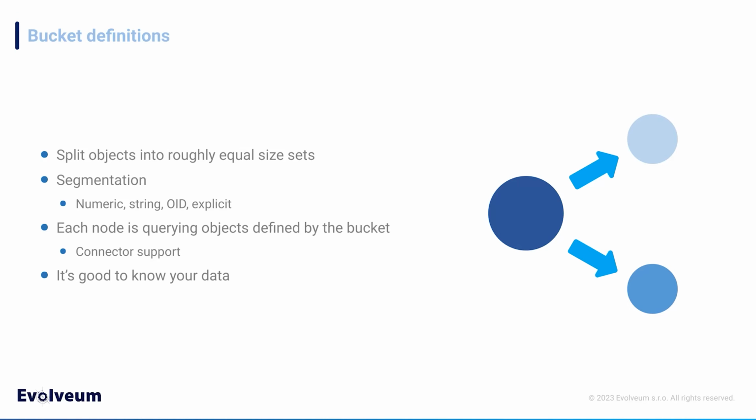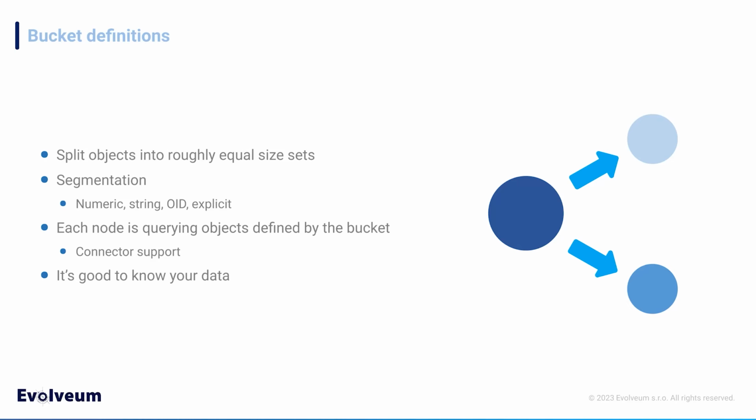And so on. You might use strings, but for example, if you are using something like OIDs, A to F is a good prefix for creating a bucket, but for Z or Y, there are no objects in there. So you need to understand what your data are and define the buckets.